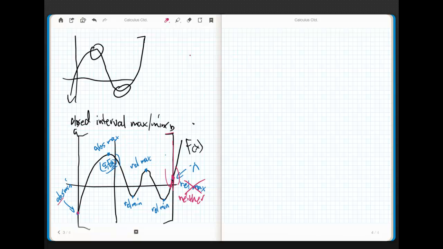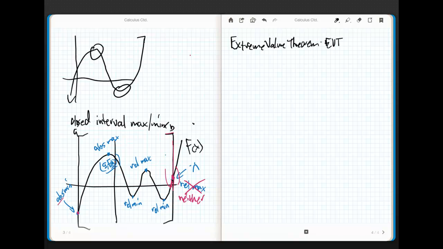Okay, now that leads us ever so, not gently, into what's called the extreme value theorem. Now remember back, I think it was the last chapter, we talked about the intermediate value theorem. All of the value theorems, extreme value theorem, EVT, sometimes you'll see this. Remember the intermediate value theorem was if I've got a continuous function from A to B, the function passes through all of the values between any 2 points.